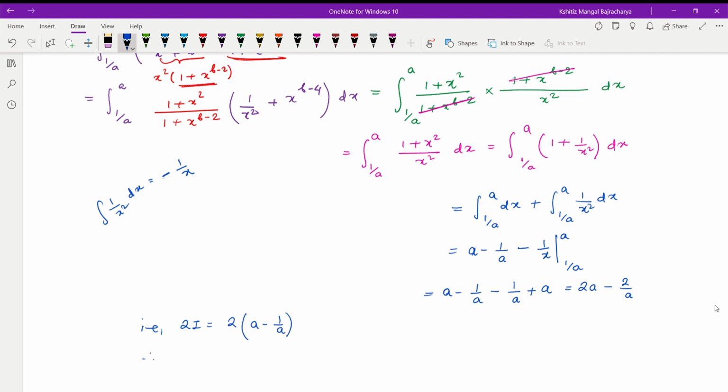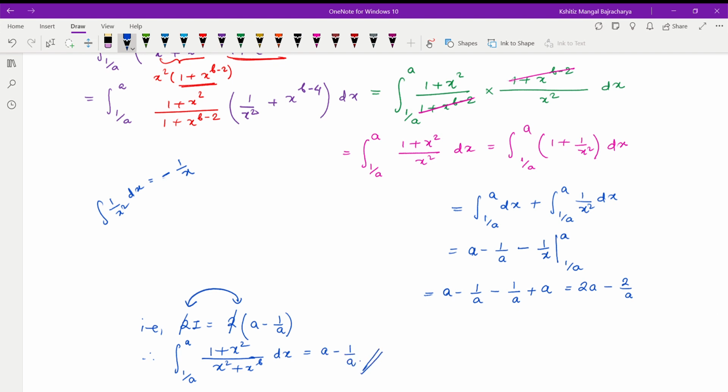Therefore we need the value of I, so we can cancel out the factor of 2's over here, the 2's in this equation, and therefore using the value of I, we're going to get a minus 1 over a.